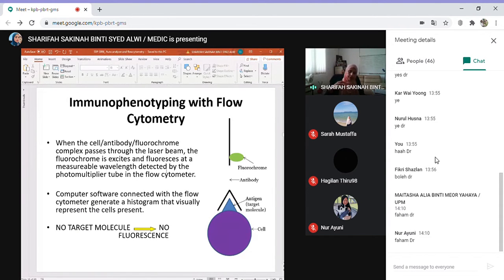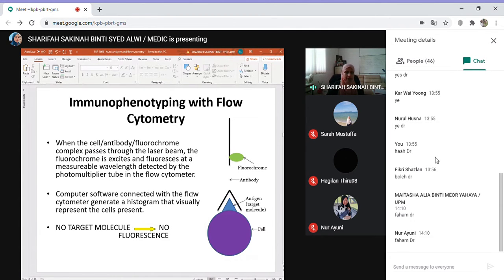Then it passes through in side scatter and forward scatter form, and then it will reach the photomultiplier. The photomultiplier will reach the CPU. In the CPU itself, you've already installed the software, and the software will do the scatter plot for you.